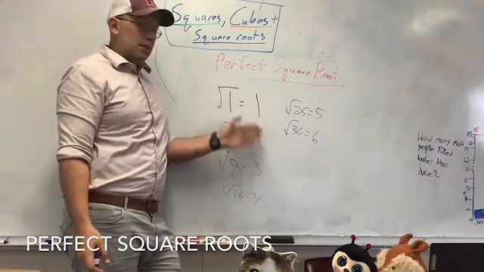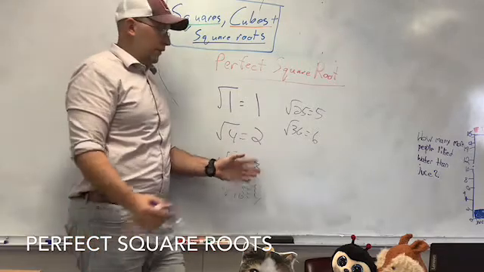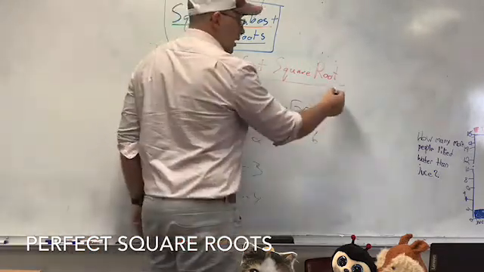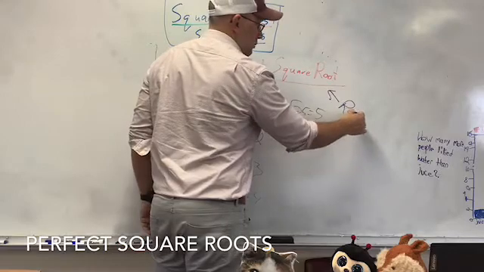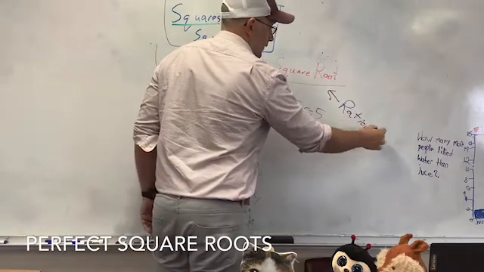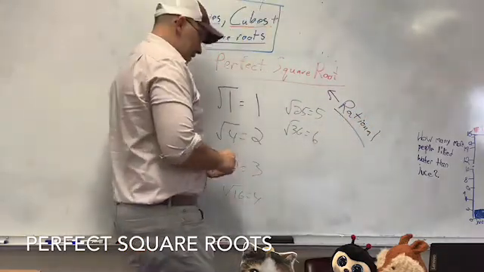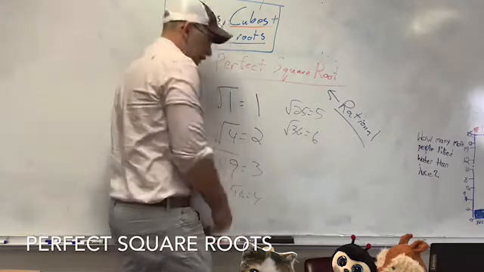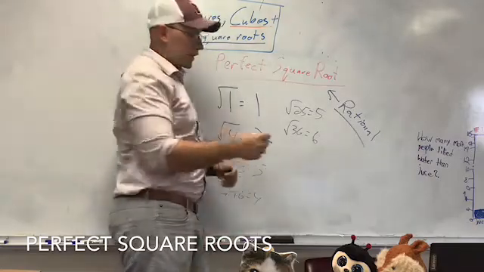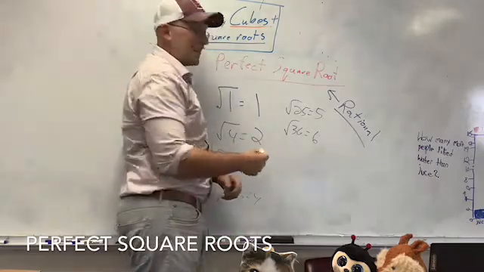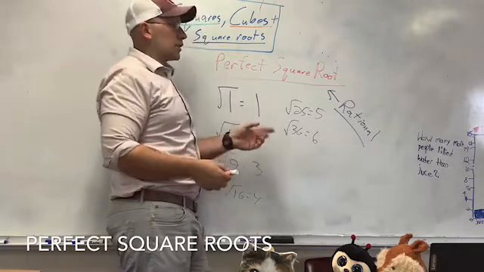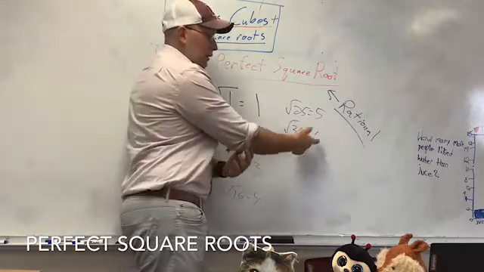But anything outside a perfect square, all perfect square roots are called rational numbers. Anything that is a square root that is not a perfect square is called irrational. So perfect square roots are rational because they come out as a whole number.